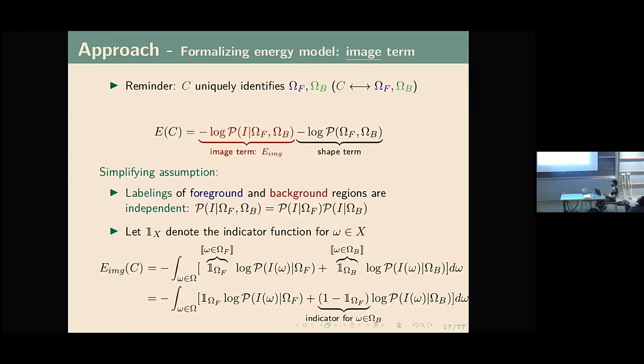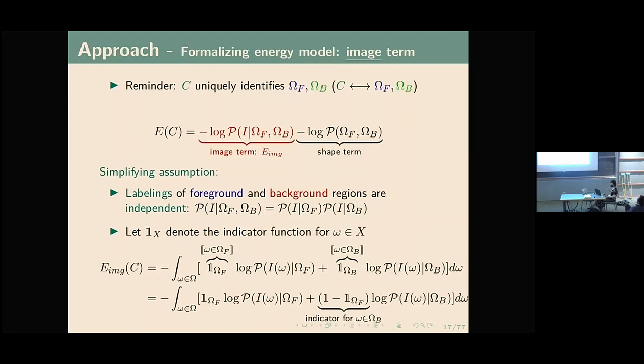So first, let's explore the image term. Intuitively, it quantifies our knowledge about what an image would look like if we knew the location and shape of our target object. For simplicity, let's assume that the labeling of the foreground and background regions are independent, so that the probability of observing the image given both regions factors into two region-specific probabilities.